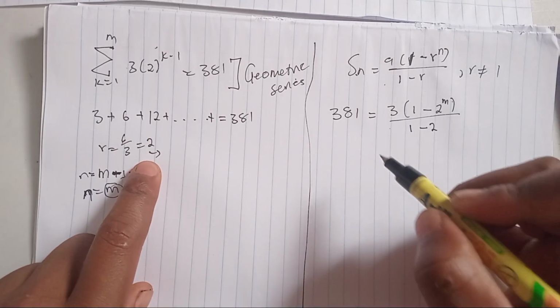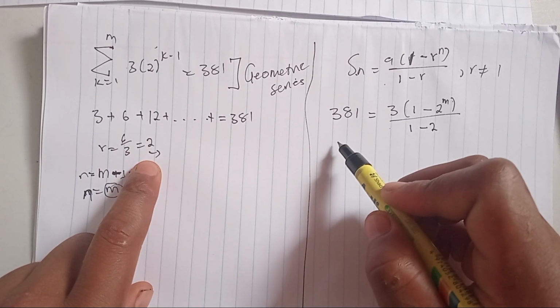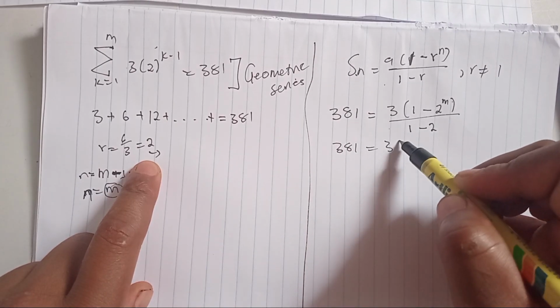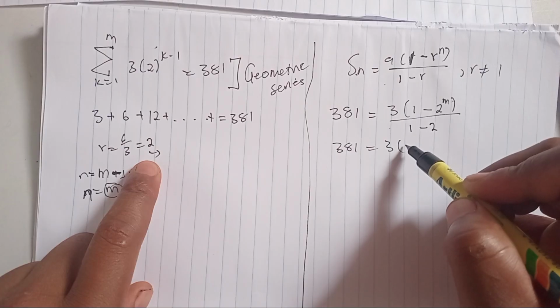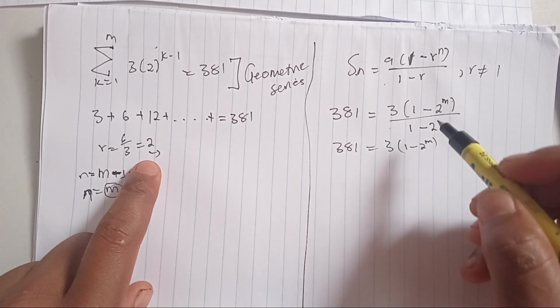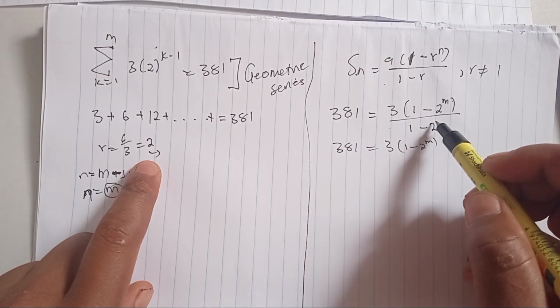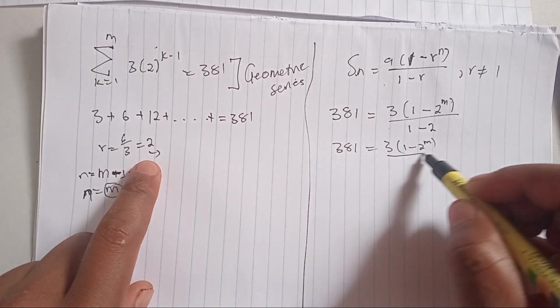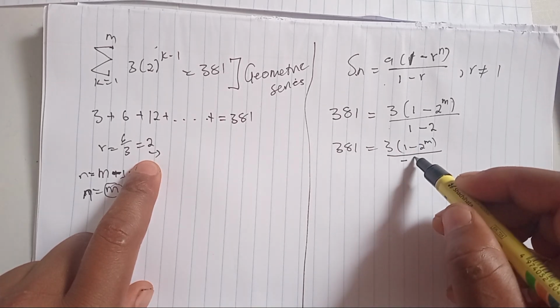Then from there we solve for M. This one will be much easier. We're going to have 381 is equivalent to 3 into 1 minus 2 exponent M, over 1 minus 2. You can see very well that 1 minus 2 gives minus 1.